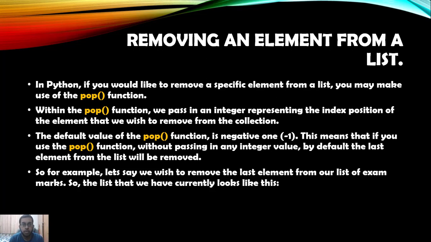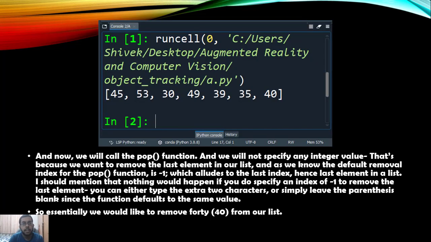This means that if you use the pop function without passing in any integer value, by default, the last element from the list will be removed. So for example, let's say that we wish to remove the last element from our list of exam marks. So the list that we currently have looks like this.